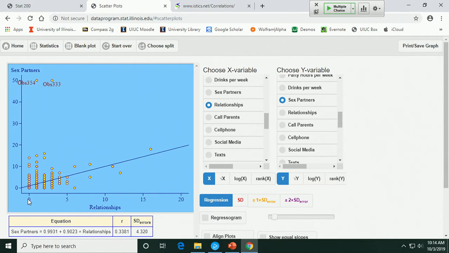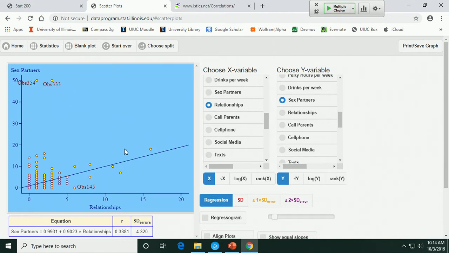And what it's saying is this person never had a relationship, or maybe this is one, no, I'm not sure, but had 50 sex partners, maybe more, but we cut it off at 50, and same with this one. Now, there's no one down here who's had tons of relationships, and this person is the best here on this outlier. This person had 6 relationships and no sex partners. Well, that's all right. And these people are right on the line.